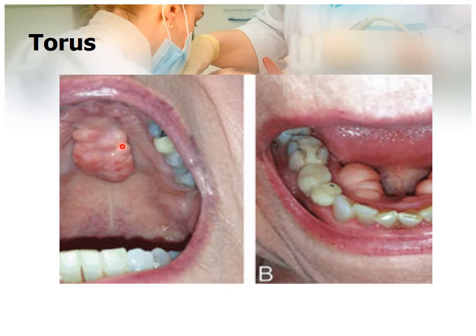Sometimes it is a large torus, or sometimes a small one. Sometimes it presents as a multilobulated torus palatinus. Anyhow, there is no need for surgical removal unless this torus is going to affect the prosthetic insertion or the prosthetic appliance of the mouth.